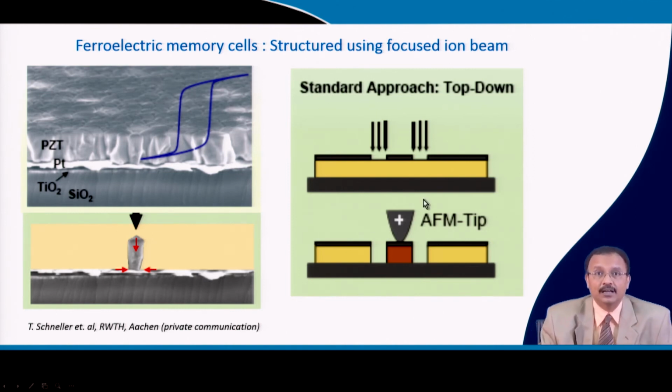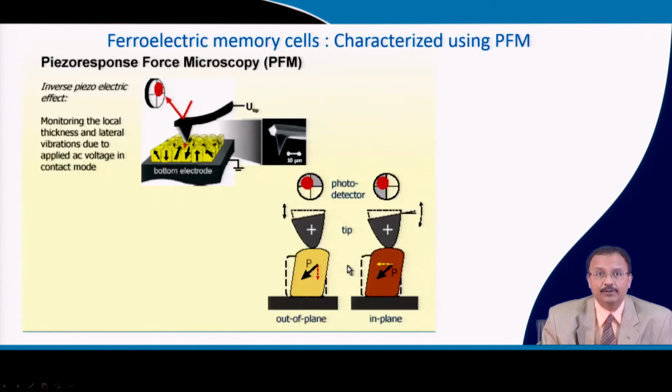First, by focused ion beam such a structure is made, and then an AFM tip scans on top of each individual grain to see whether they are ferroelectric or not. The polarization of each individual grain interacts with the AFM tip, and this signal of the AFM tip is taken out, and that is the basis of piezo force microscopy.